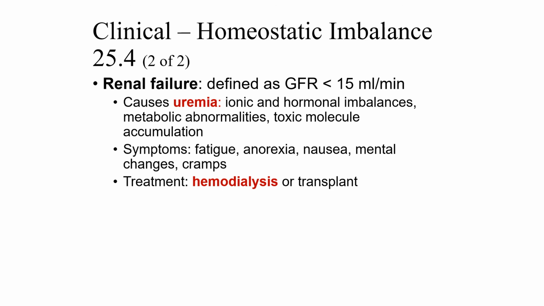If the kidneys can't filter the blood, it's called renal failure. This means we have a glomerular filtration rate of less than 15 milliliters per minute. What happens is that we have uremia.